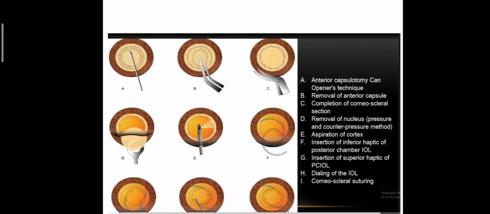So it is done by different techniques similar to ICCE, where we are using wire vectis or cryo extraction or different techniques. Here we don't do cryo extraction because we are preserving the zonules. Here the most common is irrigating wire vectis or sandwich technique, or pressure and counter pressure method.